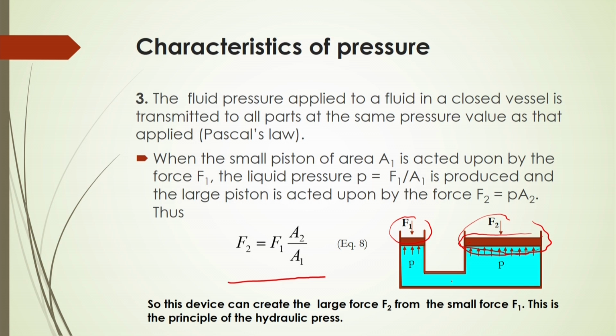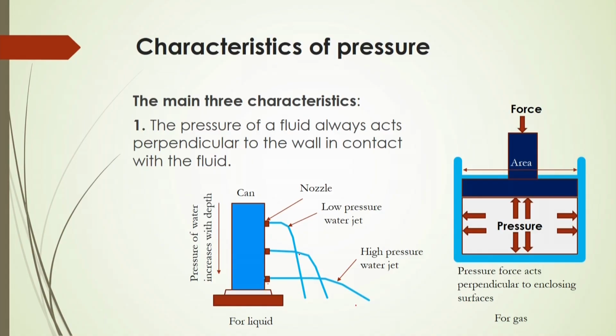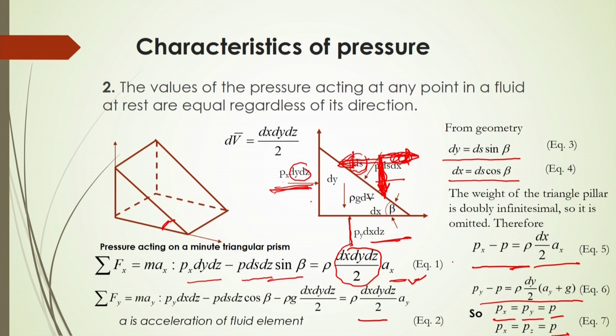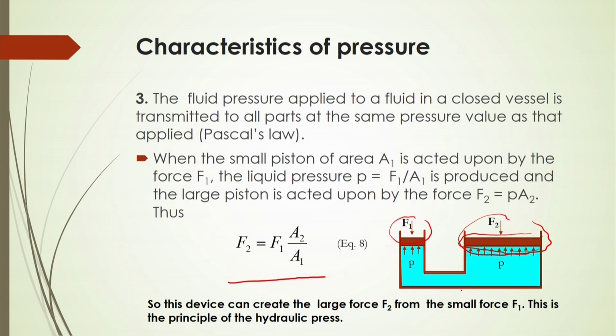So, the first one is that the pressure of a fluid always acts perpendicular to the wall in contact with the fluid. Second one is that in all directions the pressure will be exerting with equal value. And third one is that if the fluid pressure is applied to a fluid in a closed vessel, it is transmitted to all parts of this container at the same pressure value as that applied there.